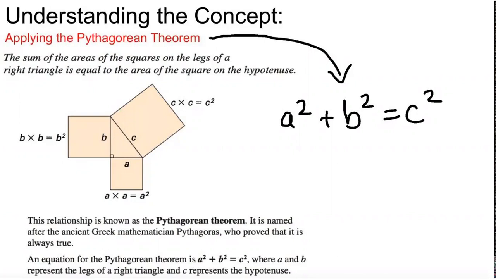We call these legs A and B. We say that they represent the legs of a right triangle, and C represents the hypotenuse side.